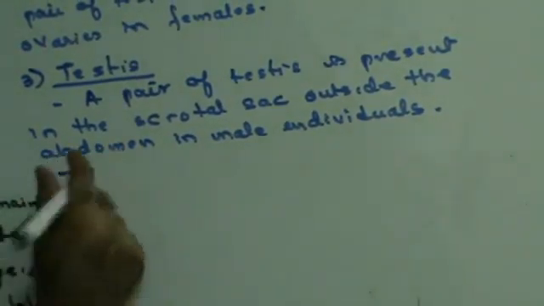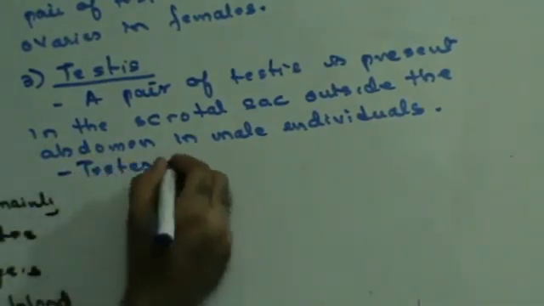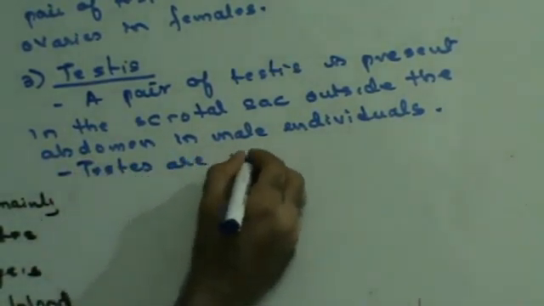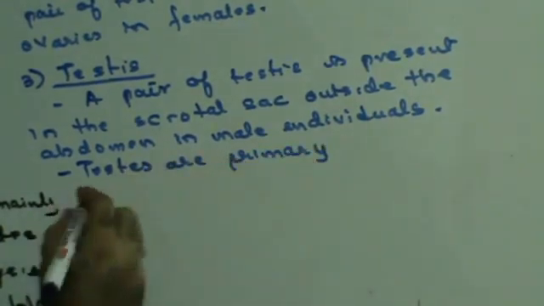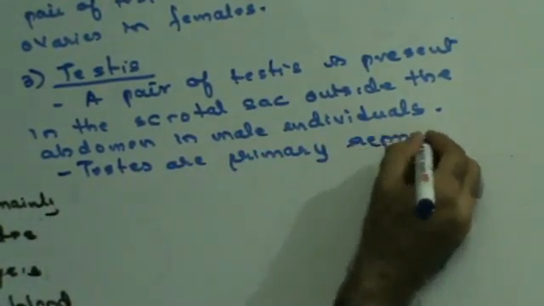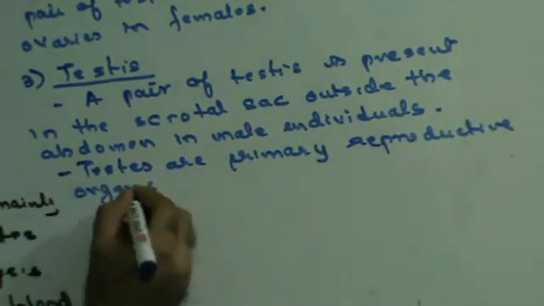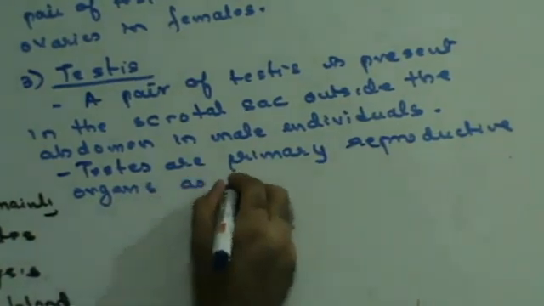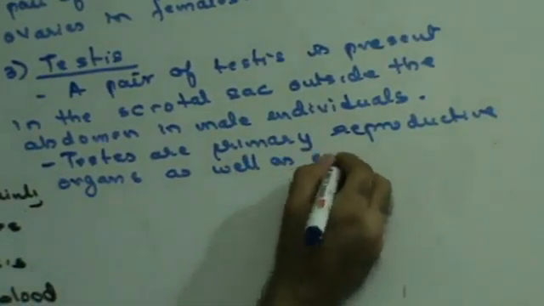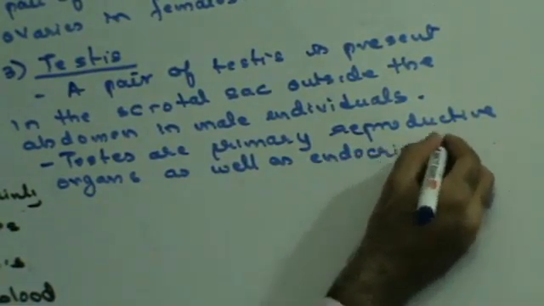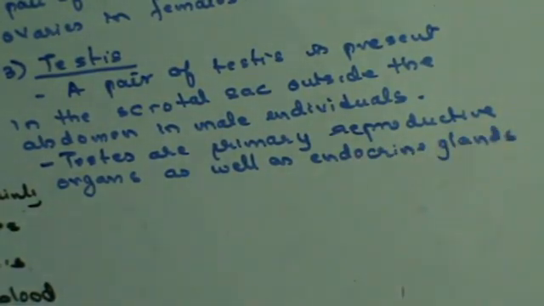Testes are primary reproductive organs as well as endocrine glands. Right? Now, what are they made up of? They are made up of numerous seminiferous tubules and interstitial clusters of endocrine cells.